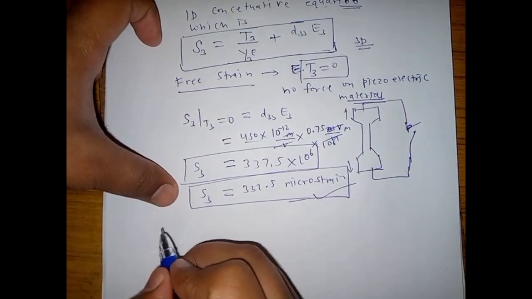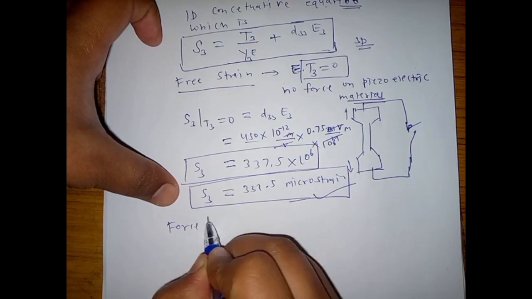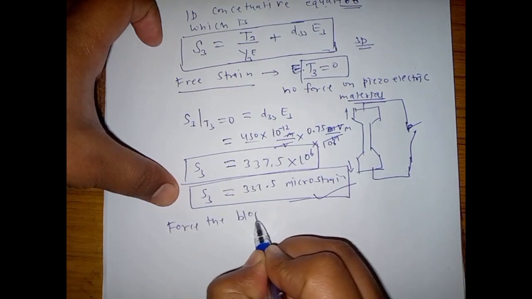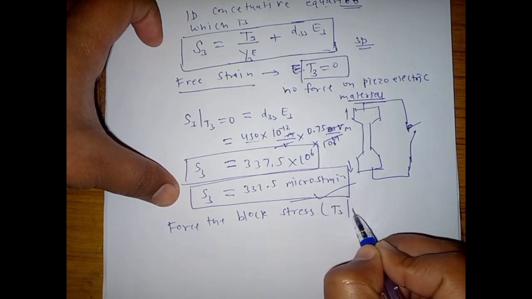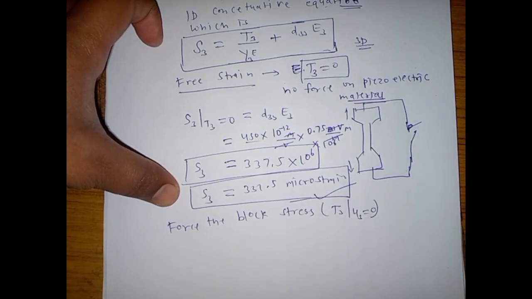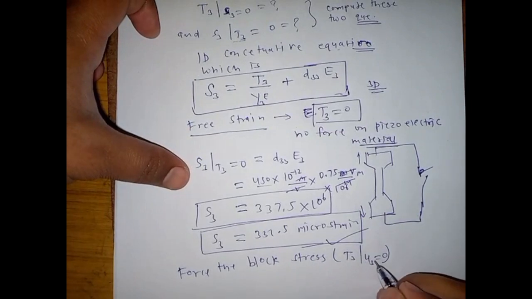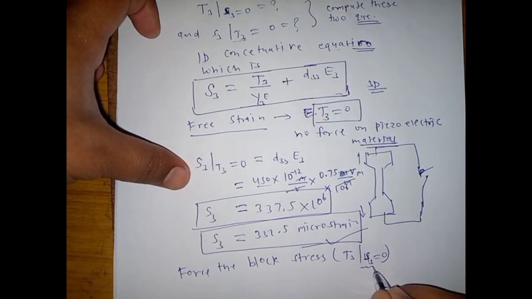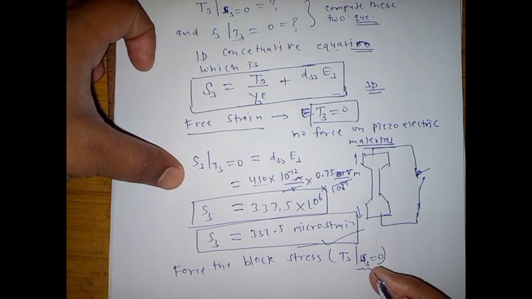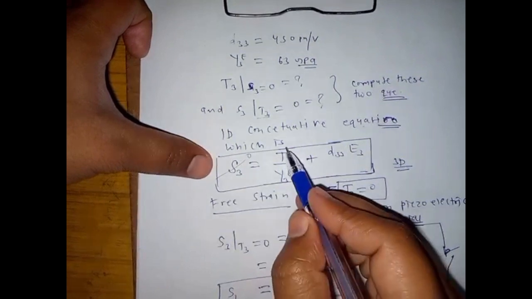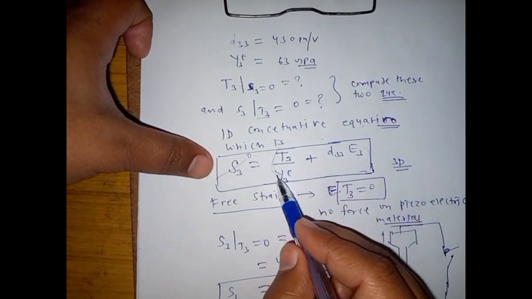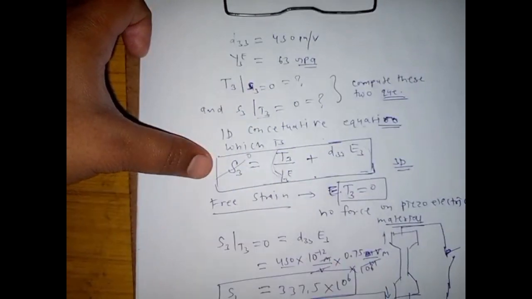For the block stress, it is T3 when U3 is equal to 0, or S3 is equal to 0. U3 means displacement is 0, or the strain is 0. So when you put 0 here, this term will remain and this will be 0.